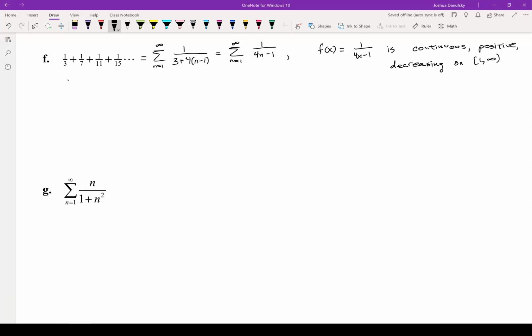Now we'll take a look at the improper integral from 1 to infinity of 1 over 4x minus 1 dx. A u substitution will help us integrate this. You can pause the video and do that on your own.